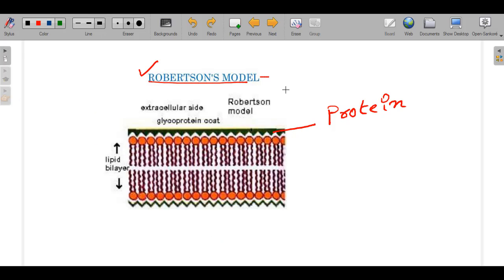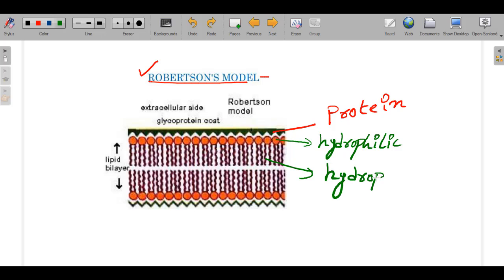The common feature, you can see, these red heads are nothing but the hydrophilic ones. When you say hydrophilic, the carbohydrates are hydrophilic ones. They are able to dissolve in water, and the other regions are called hydrophobic.